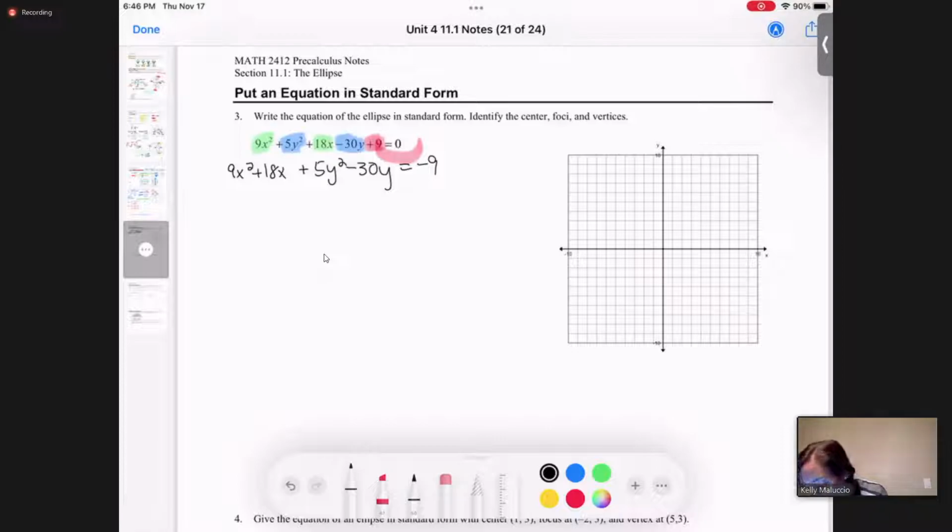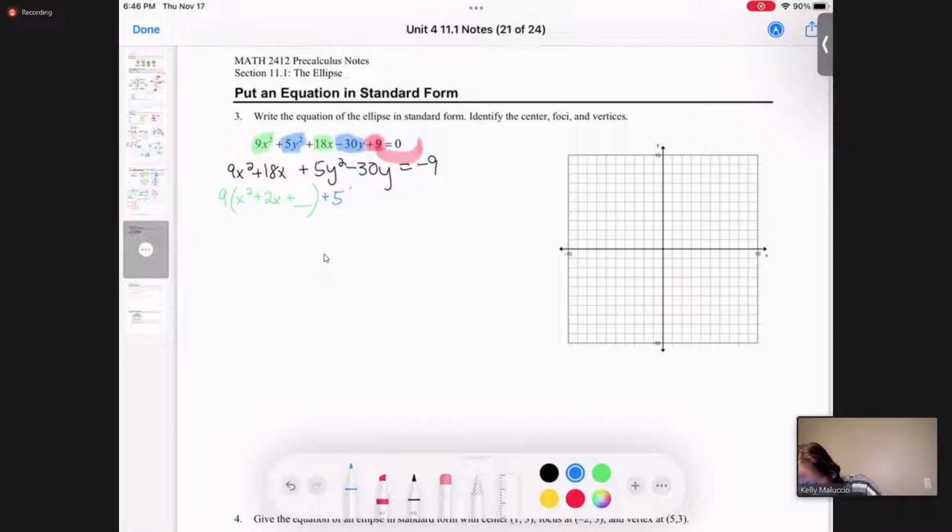Now I'm going to start the process of completing the square. So first, I'm going to factor a 9 out of this, and I have x squared plus 2x, and then I'm going to say plus blank. This is part of completing the square, and we'll finish that in a moment.